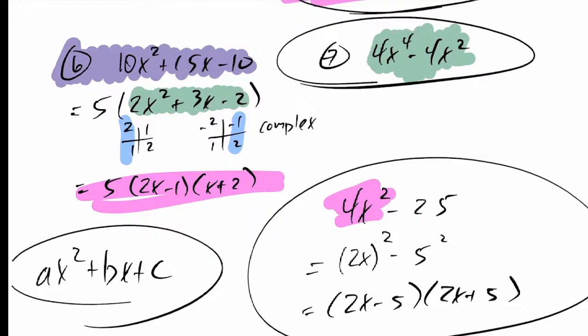Yeah, very good. The GCF here is 4x squared. So go ahead and factor out that 4x squared. And what am I left with? I'm left with x squared minus 1.